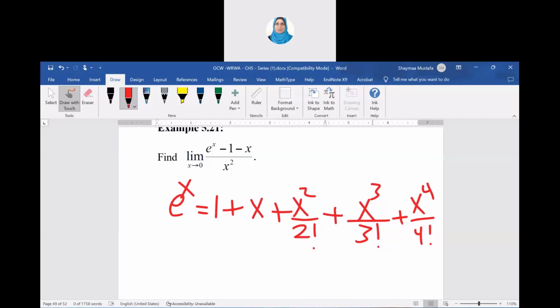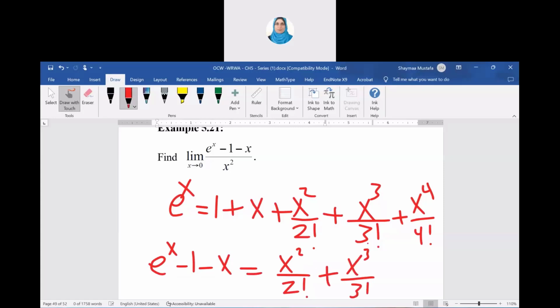Now I need to find the limit when x goes to 0 for (e to the x minus 1 minus x) over x squared. So we need to calculate this term first. e to the x minus 1 minus x will be equal to x squared over 2 factorial plus x cubed over 3 factorial plus x to the power 4 over 4 factorial.